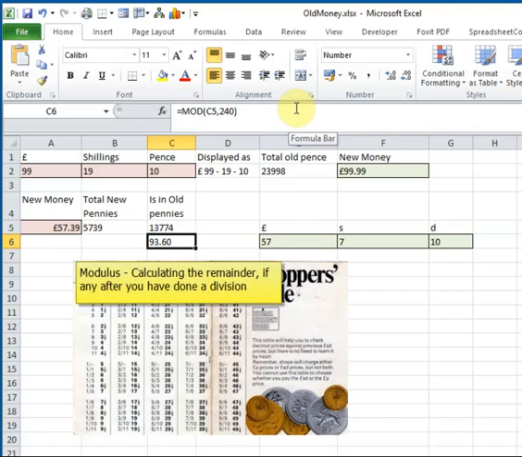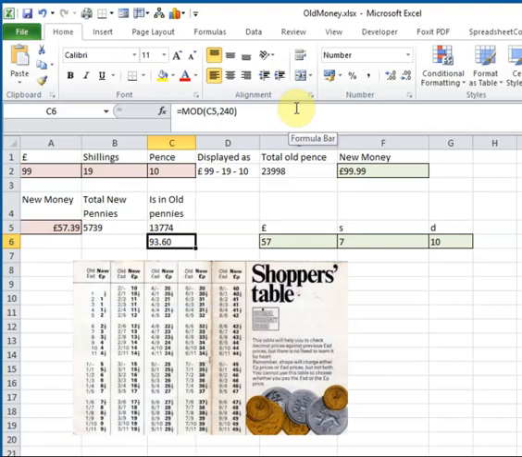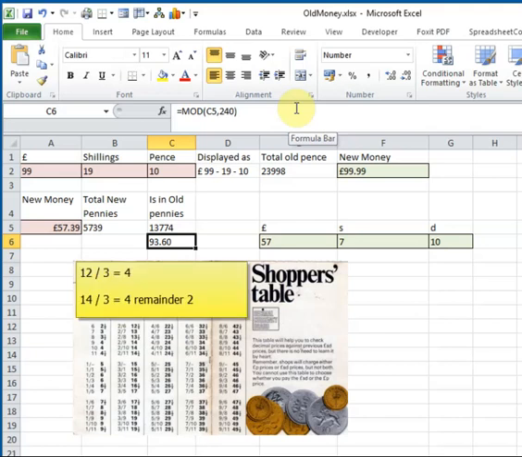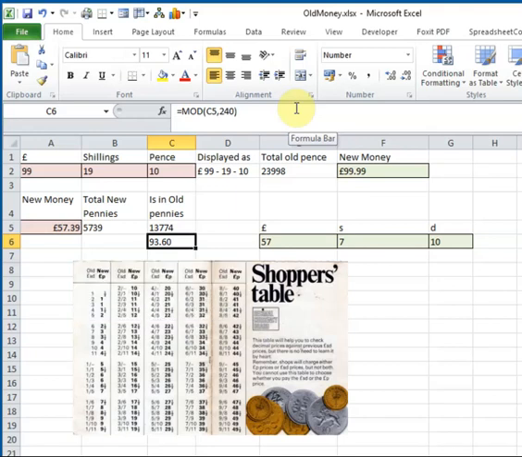Mod is short for modulus, and you can think of it as being the remainder left after you've done a division. For example, in a sum, 12 divided by 3, the answer's 4, there are no remainders. But if you had mod 14 divided by 3, the answer would still be 4, but this time there'd be a remainder of 2. Because we're dividing by 240, we need the formula to help us.